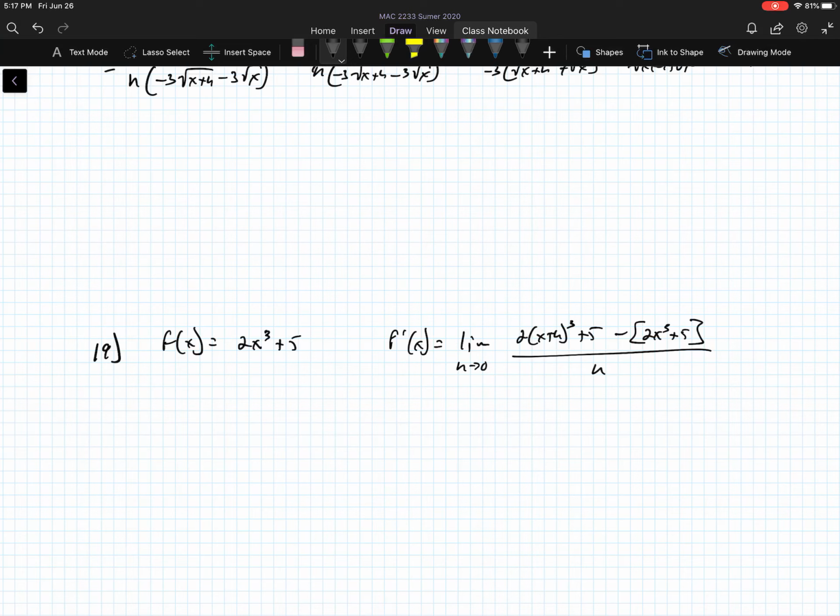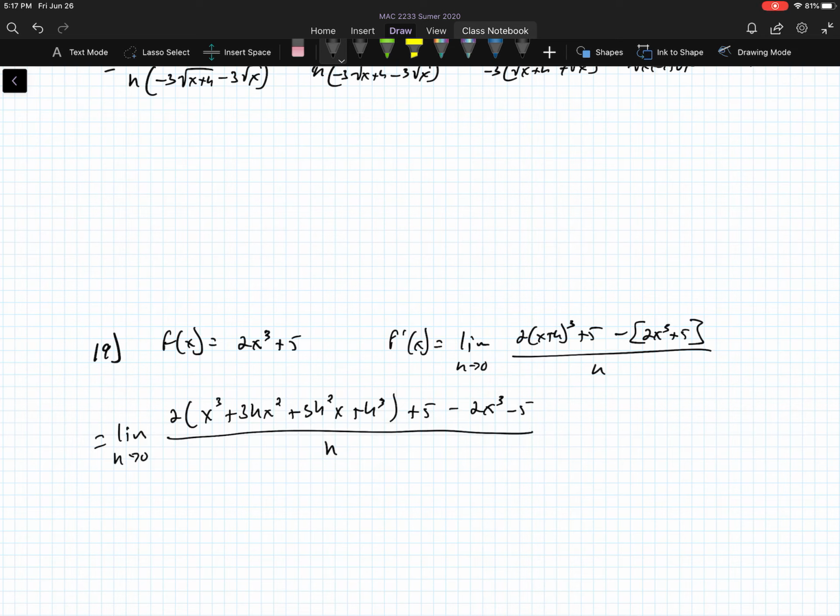But there's actually an easier way of doing it. So this is going to be equal to the limit as h goes to 0 of 2 times, and then this will be x to the third plus 3hx squared plus 3h squared x plus h cubed, plus 5 minus 2x to the third minus 5, all over h.